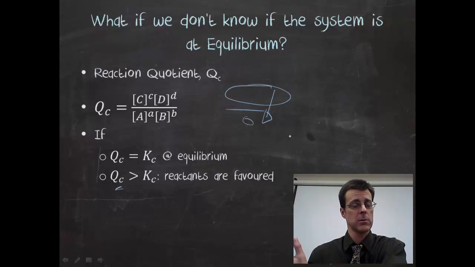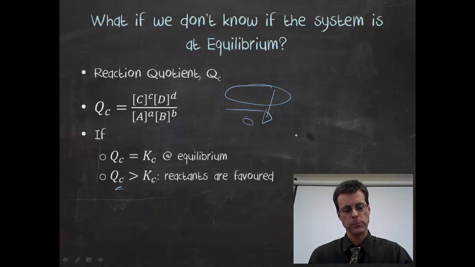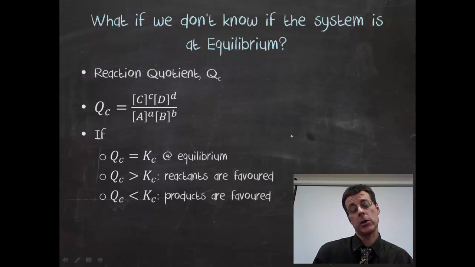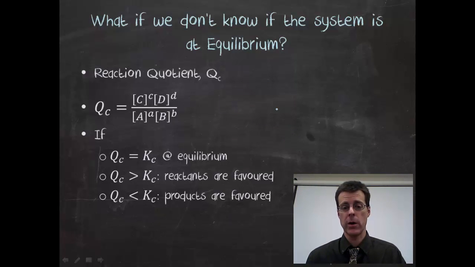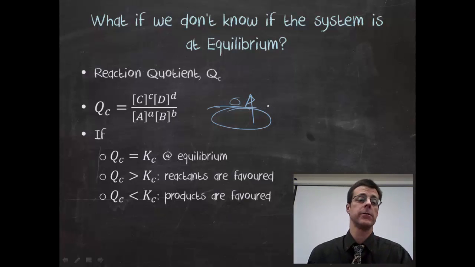Products are going to have to convert to reactants, and that way my Q value will go down. If Q is smaller than K, as a fraction with a big number on the bottom and a little number on the top, then in order to get to the point where Q and K are equal, I've got too many reactants. Those reactants are going to have to react to form products.